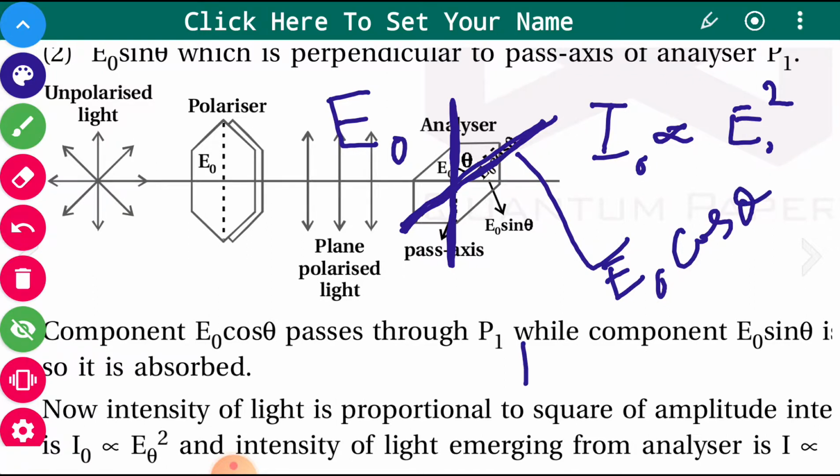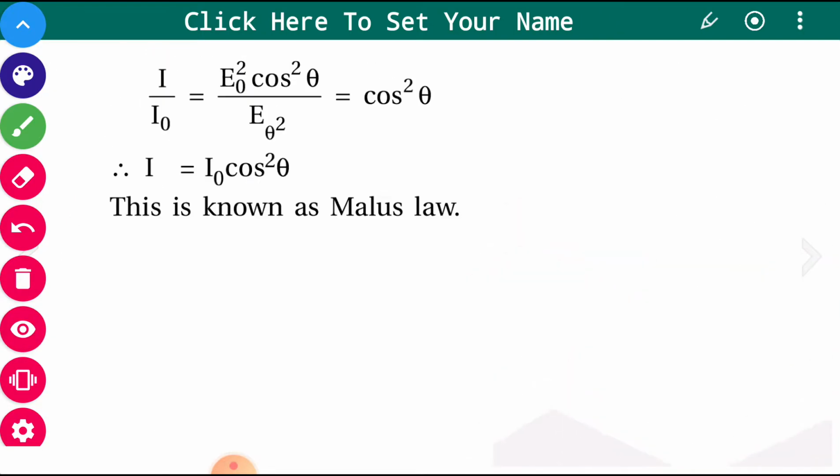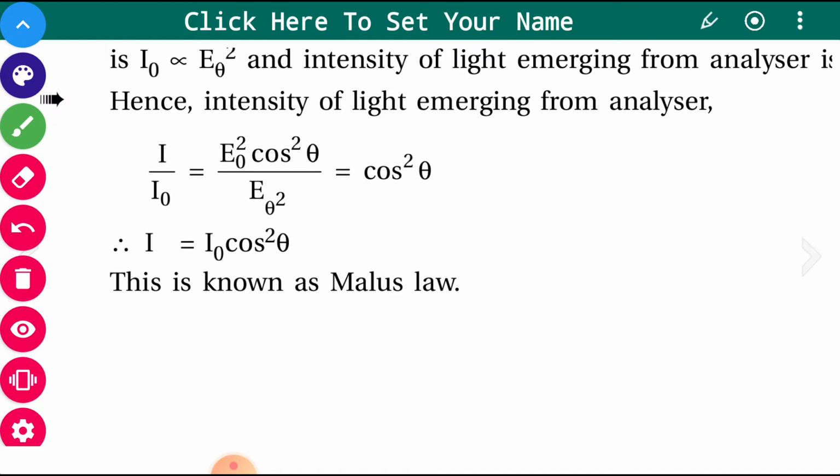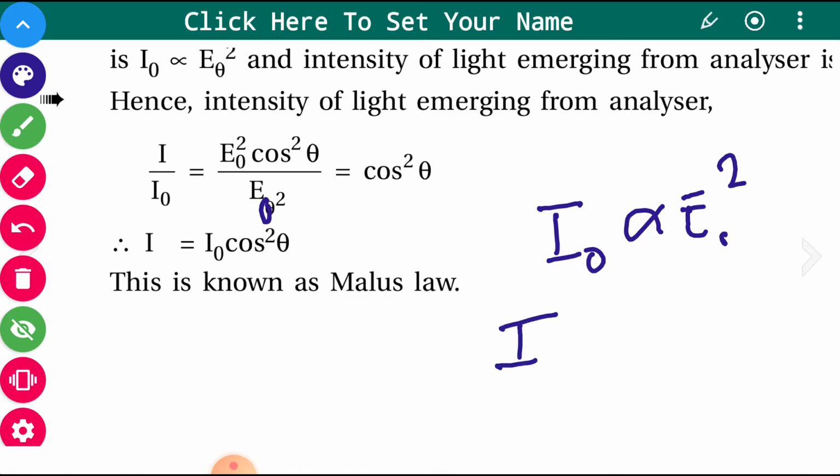So the new intensity I will be proportional to E0 square cos square theta. We have I0 proportional to E0 square, and the intensity coming out from the second tourmaline plate is proportional to E0 square cos square theta.